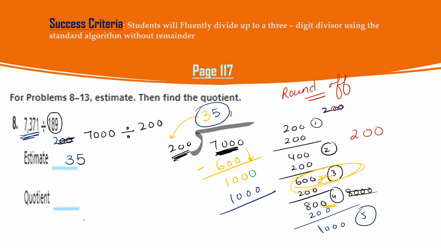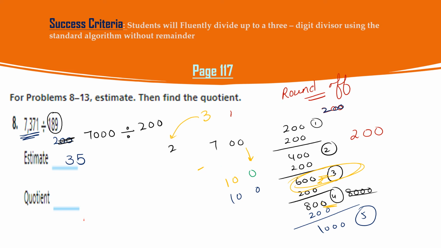Let's try one more time yourself. Pause the video and try to find the answer of 7371 divided by 189. Although they are not asking you, because they are only asking you to estimate and find the quotient, so no need to solve more. Just write here the quotient is 35 and here estimate 7000 divided by 200. No need to do extra work.